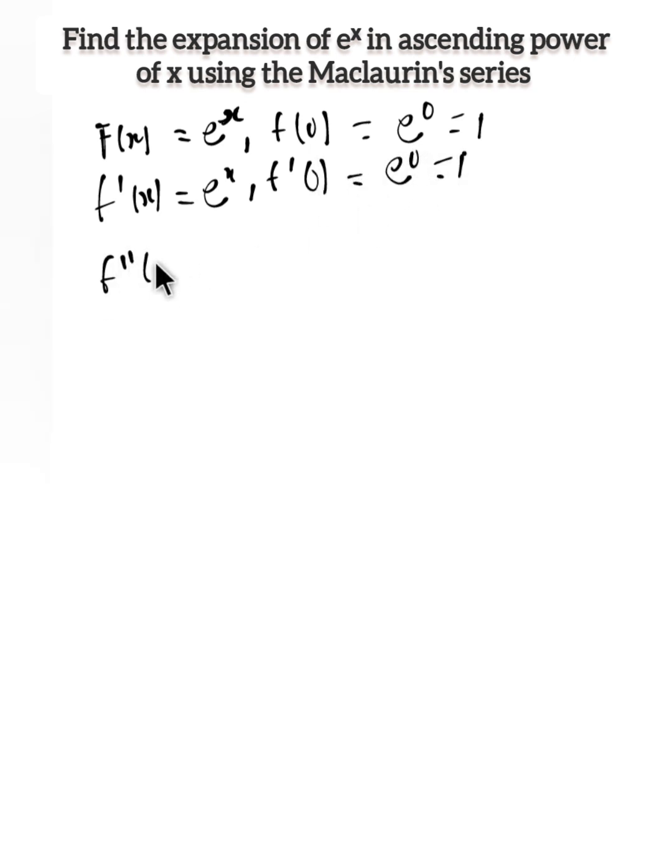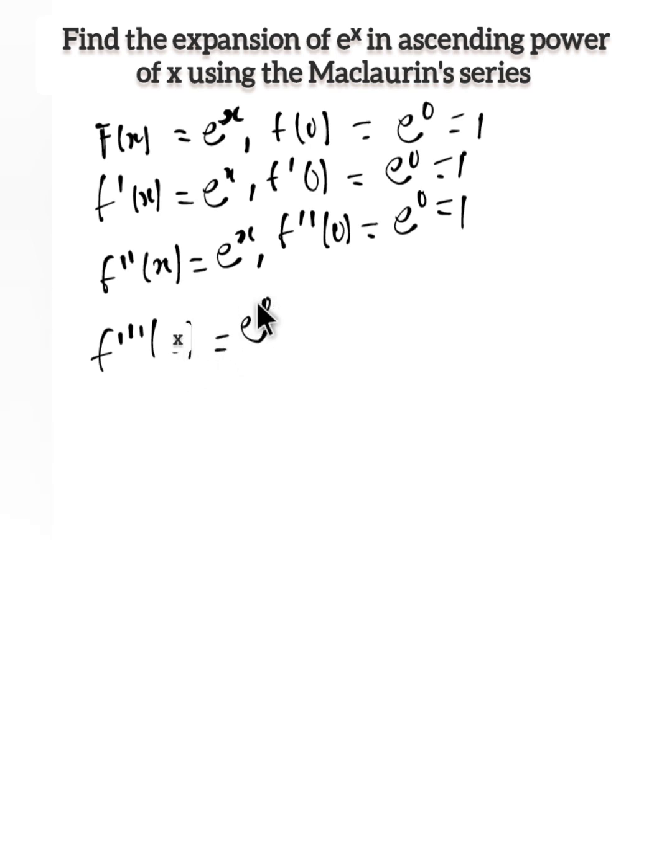f double prime of x, if we differentiate this, we also have the exponential of x. So f double prime of 0 is equal to exponential 0 equals 1. f triple prime of x will still give us the exponential of x. So f triple prime of 0 equals exponential 0 is equal to 1.